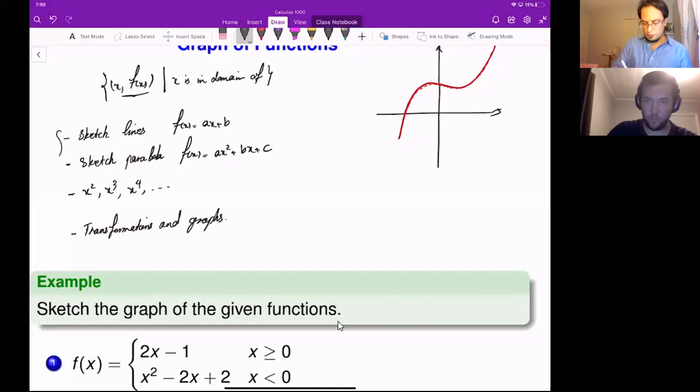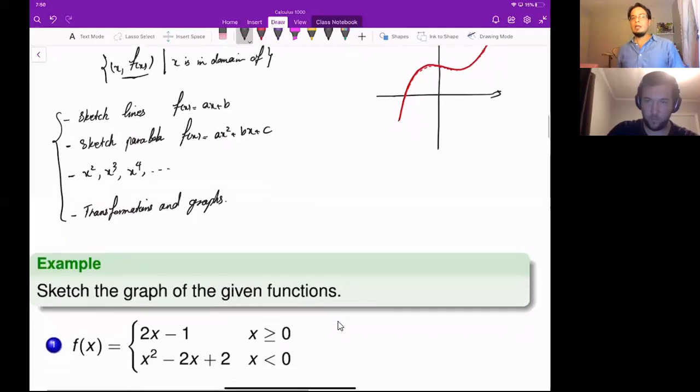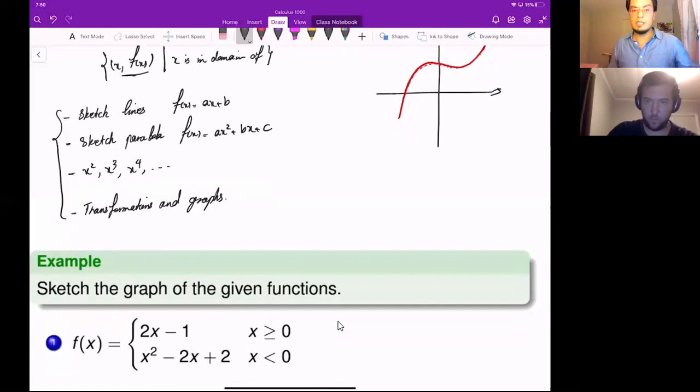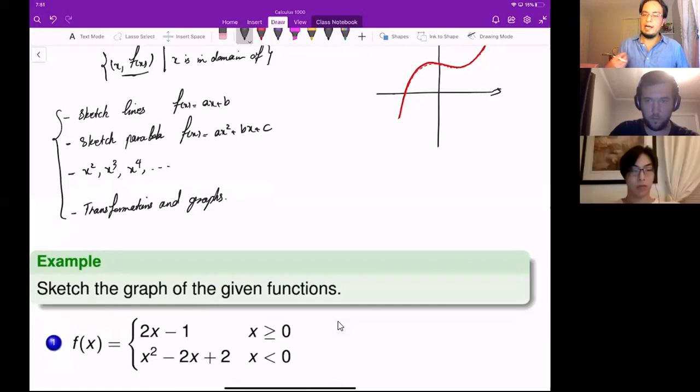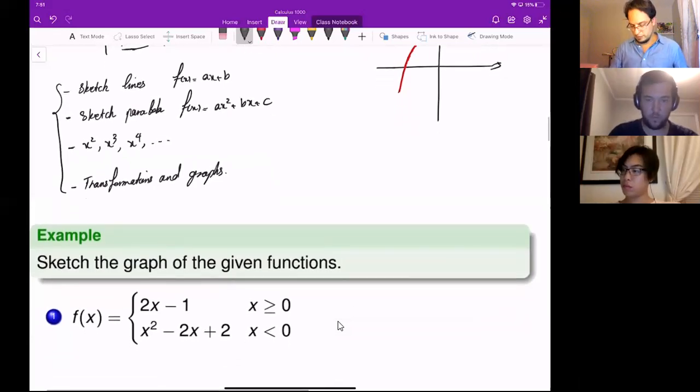If you know how to work with these, you're very good. Later in the course, we will have a full chapter or half chapter on how to sketch a given function, all the tricks you need to know to sketch the graph of a general function, a function that you can write down and make sense of. That will come later, but at this stage, you just need to know these.